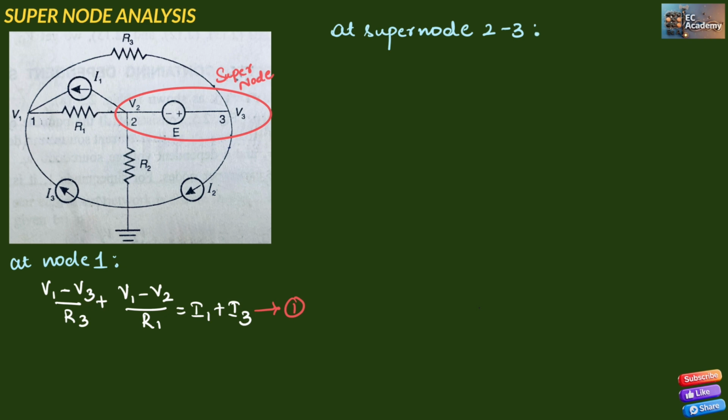So at the supernode we can write (V1 minus V3) divided by R3 plus (V1 minus V2) divided by R1 will be equal to I1 plus I2 plus V2 divided by R2. Let us call this equation number 2.